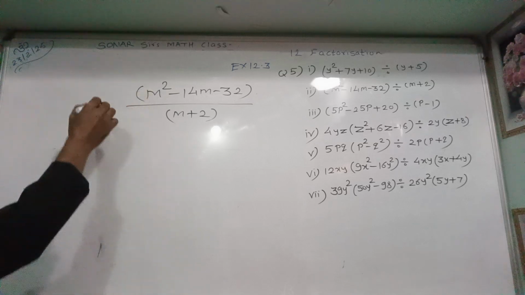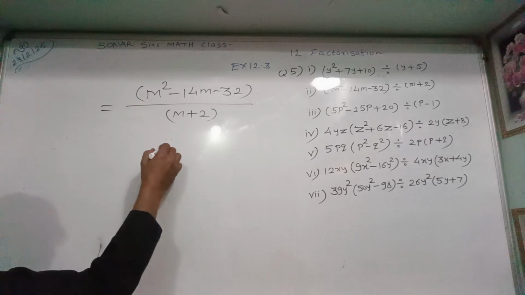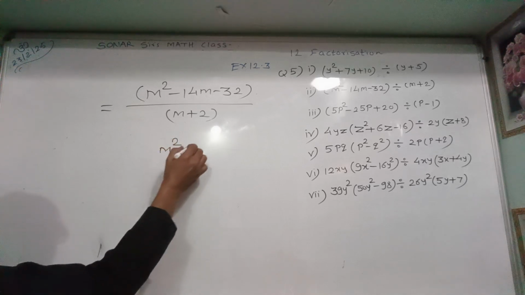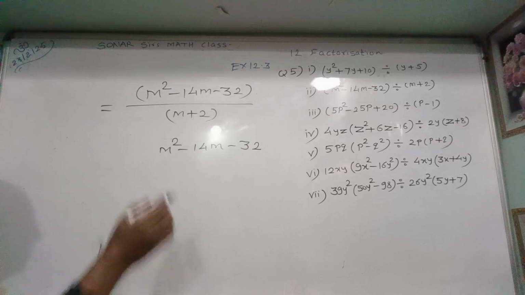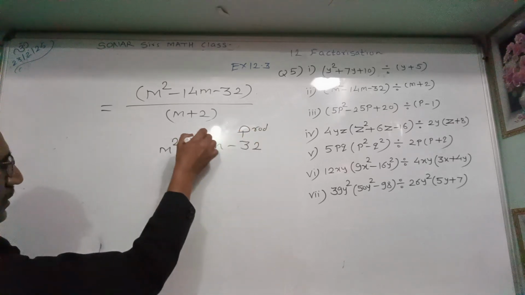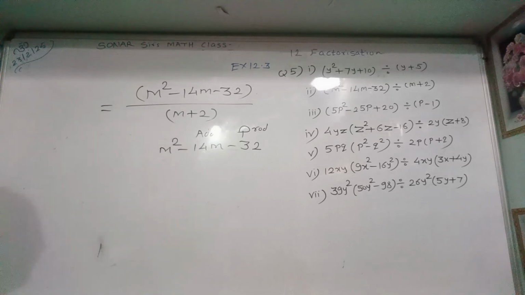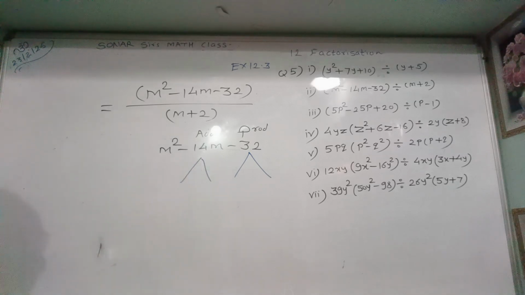Now we'll find the factors of the numerator. So again we have to find the two numbers whose product is minus 32 and whose addition is minus 14.